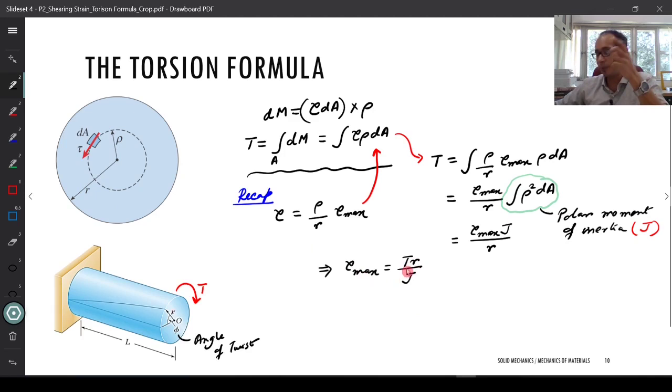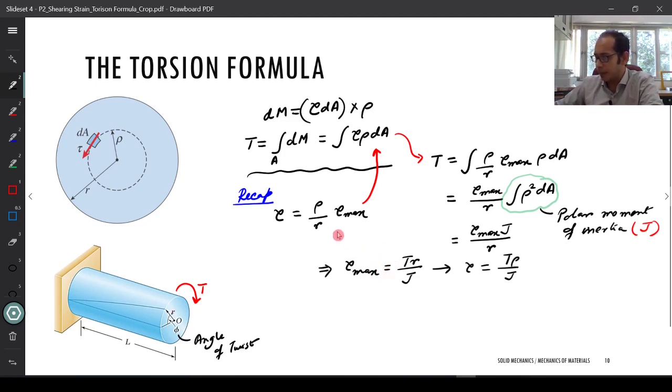So this maximum happens at the outer periphery R. So at any intermediate radius rho, this can also give me the expression that at any place tau is going to be T times rho divided by J over here, right? Now coming back to the first expression which we just derived over here.